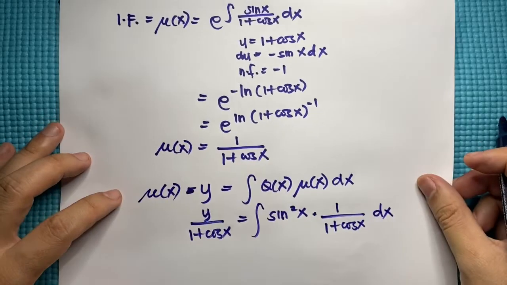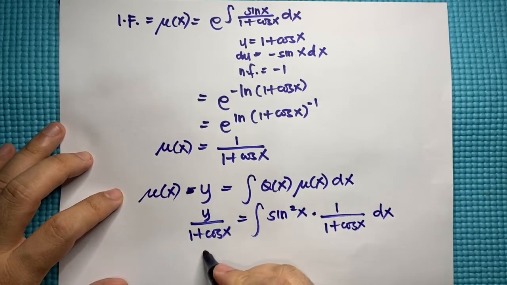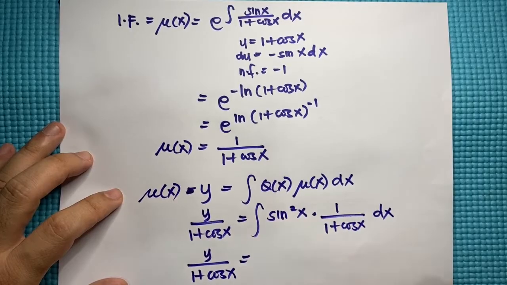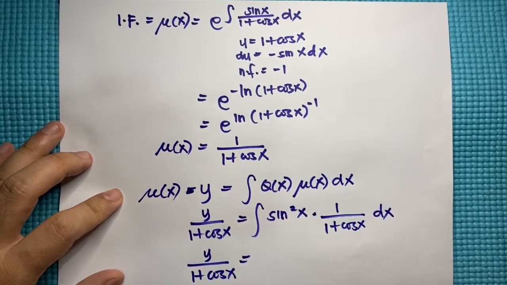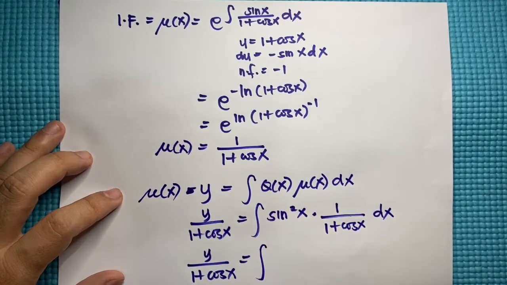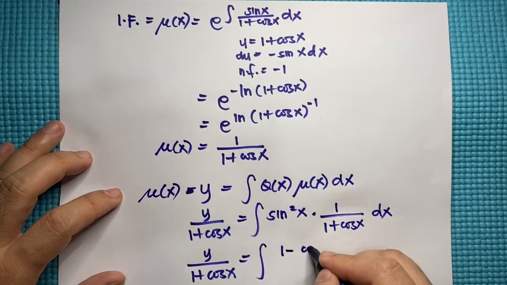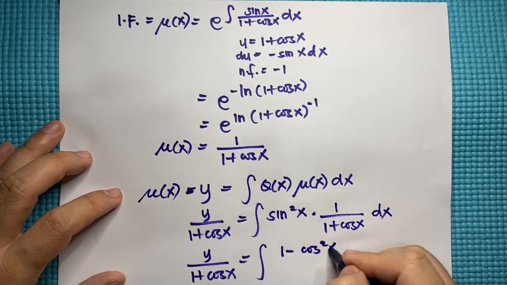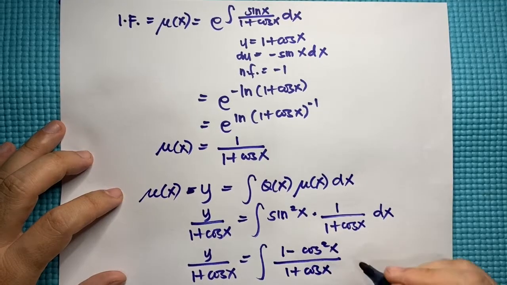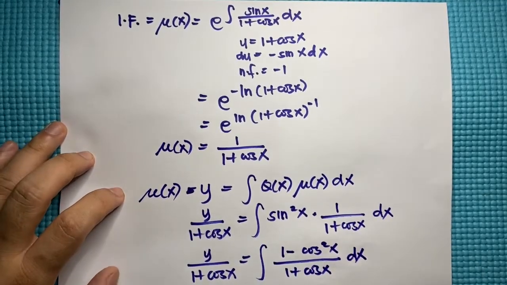To find the integral, we need to use an identity. And the identity for sin²x is 1 − cos²x, divided by 1 + cos x dx.